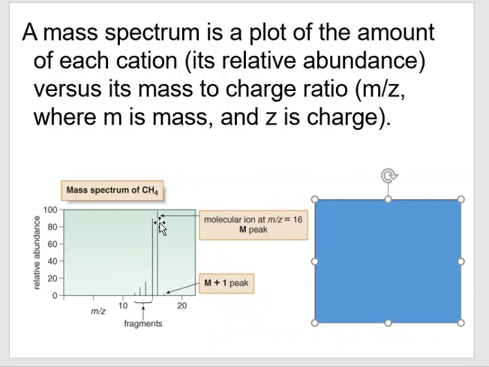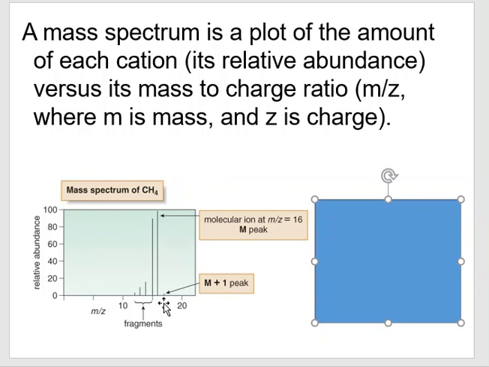As I was saying, methane has a molecular weight of 16, and you can see down here that the mass to charge ratio of this peak to the right is 16, and so we call that the molecular ion or the parent peak. There's also a tiny relative abundance here to the right, called the M+1 peak.